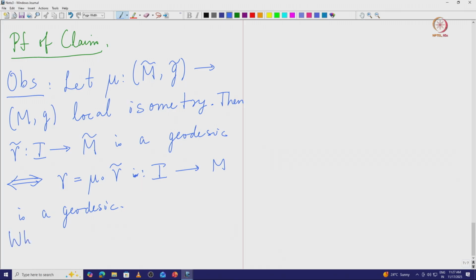Why is this true? This is because of the naturality of the Levi-Civita connection. I will leave this. You can go back to our lecture on the Levi-Civita connection, and you can check that the naturality property basically implies this observation.